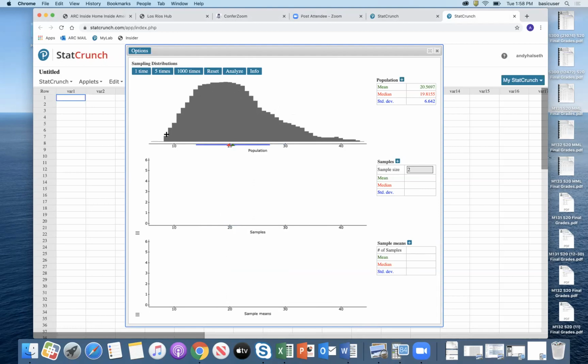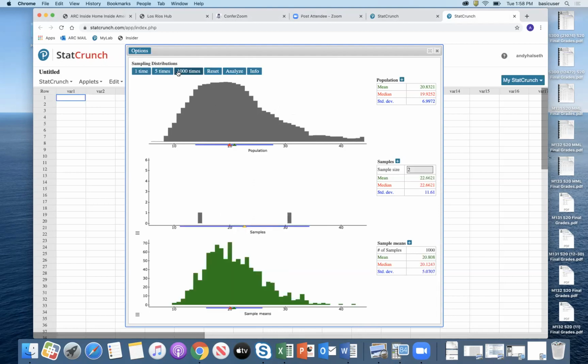Right there. Okay, and then again, let's do 1,000 times. I can see now that the distribution kind of matches the original distribution, looking a little skewed to the right as well. But what if we pump up our sample size?